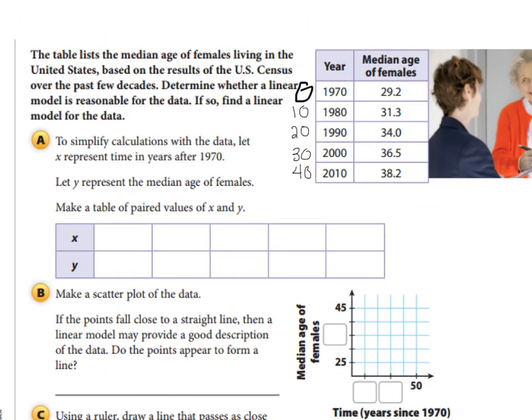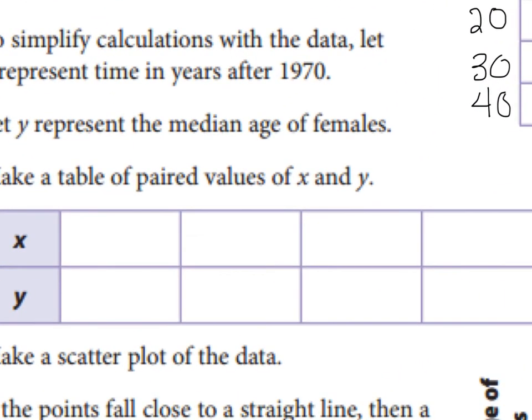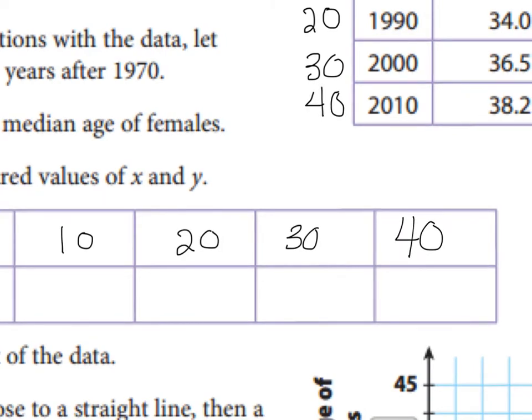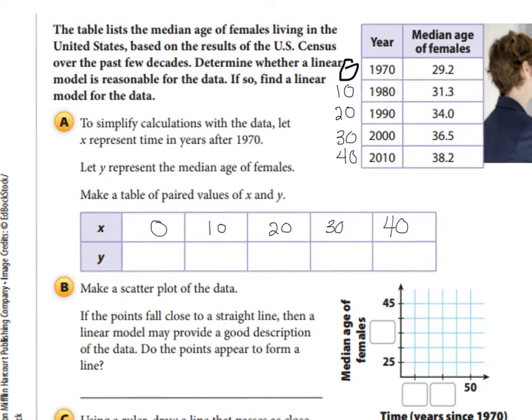So our X values will be 0, 10, 20, 30, and 40. The numbers on the right, the median age, we're not going to change those.